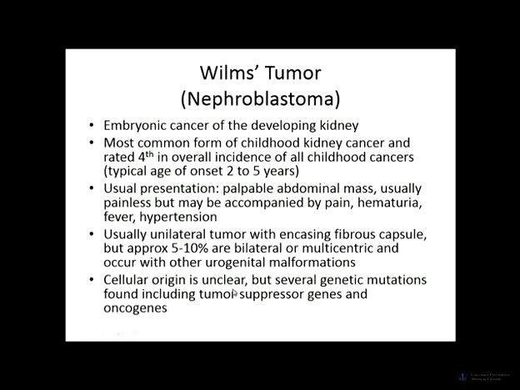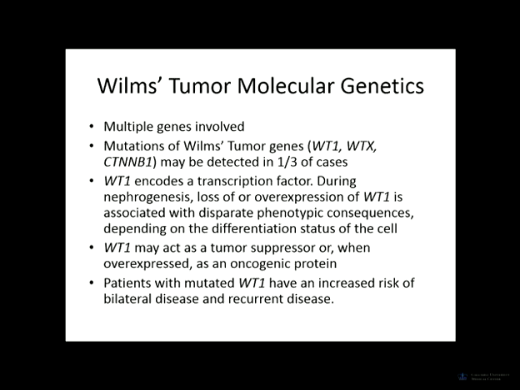The origin's unclear. There are some genes that we've been identifying that are involved. There are Wilms tumor genes, WT1, WTX, this is a beta-catenin, and those are detected in about a third of the cases, but there are a lot of cases where we don't know what the genetic etiology is. And Wilms tumor 1 encodes a transcription factor.